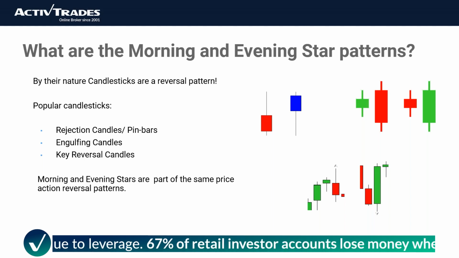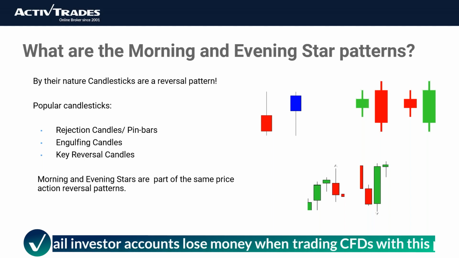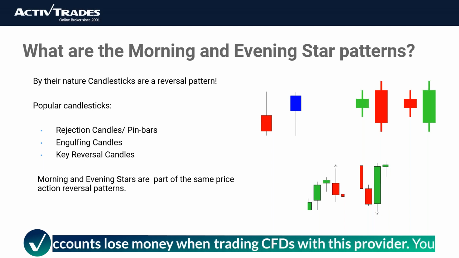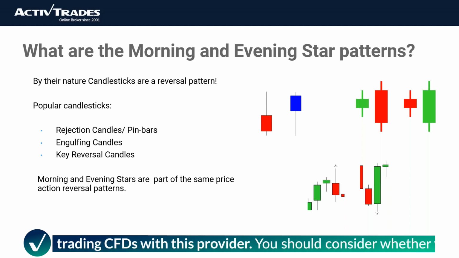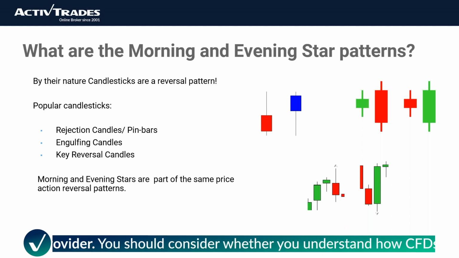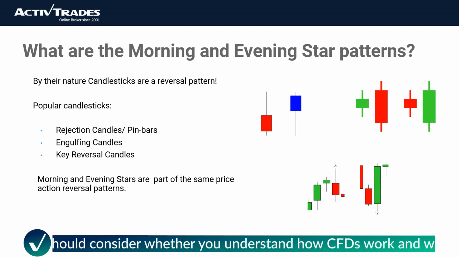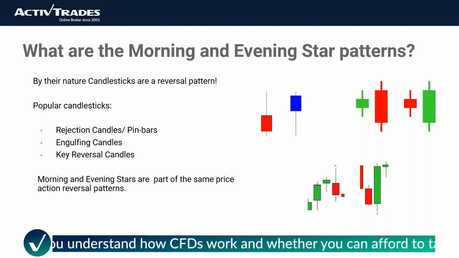And so I would view morning and evening star patterns as part of those similar price action reversal patterns. So I think it's a really useful skill for new traders to have, to be able to read price action and to identify several of the strong major reversal patterns.